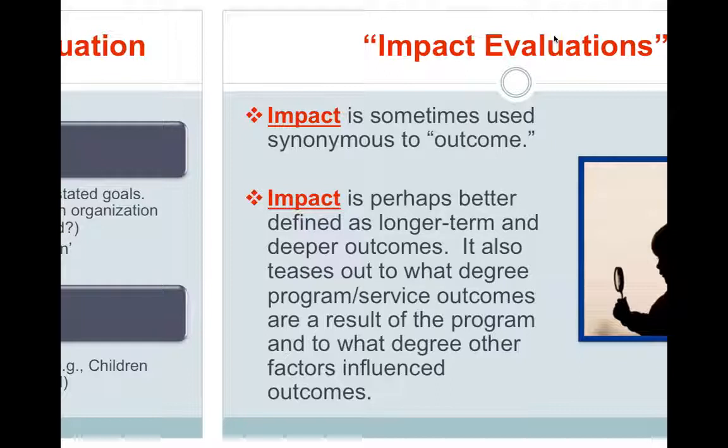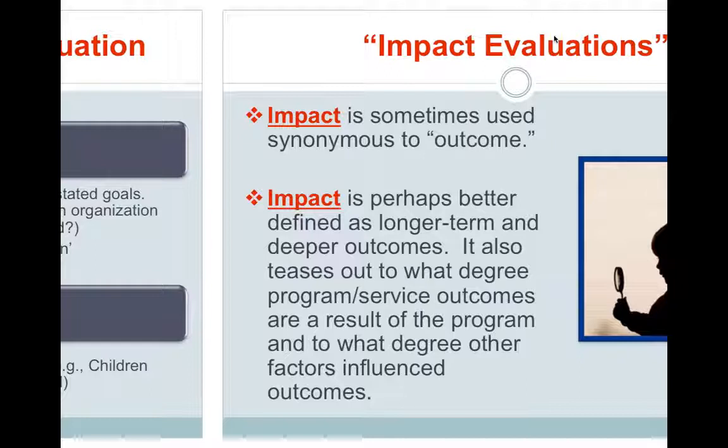It also is looking at trying to figure out to what degree can outcomes be attributed to the program that we're examining, and to what degree do we have to credit other things in the environment that may have led to program outcomes.